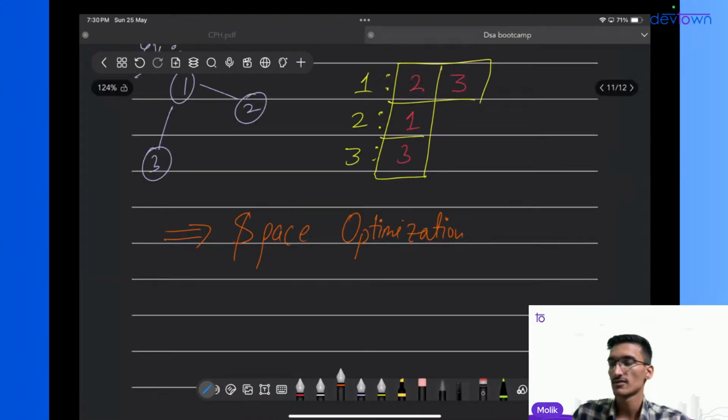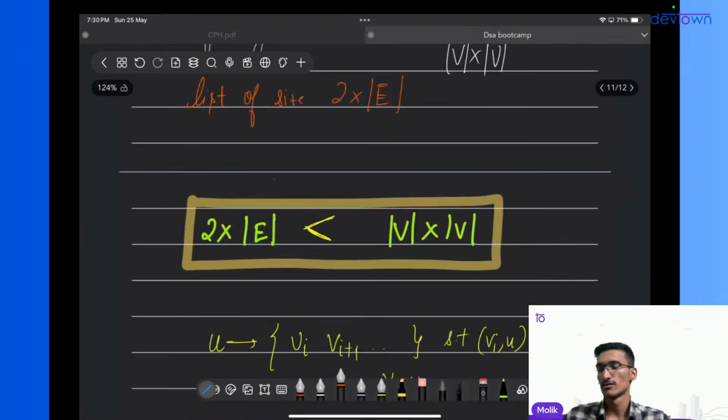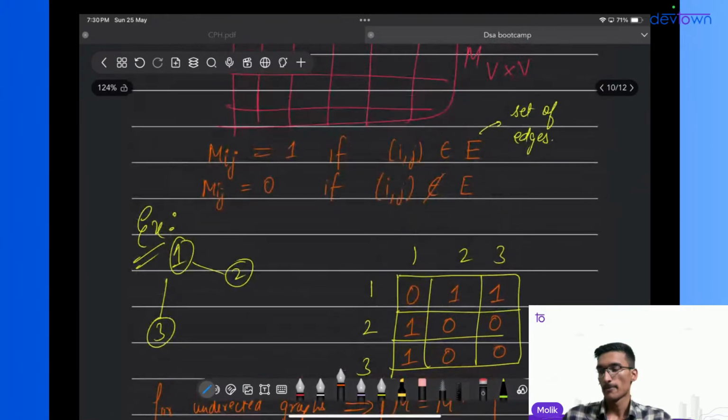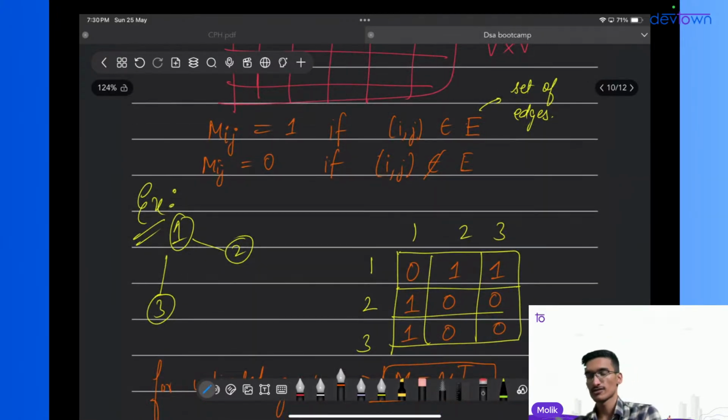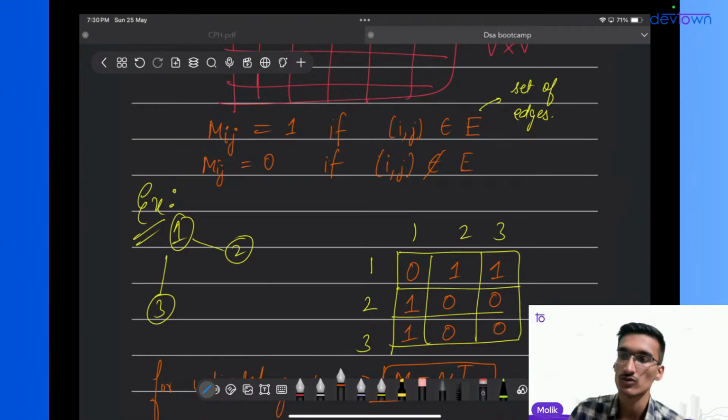But if someone asks you, what's the best way to store a graph, to represent a graph, adjacency matrix or adjacency list, what will be your answer?